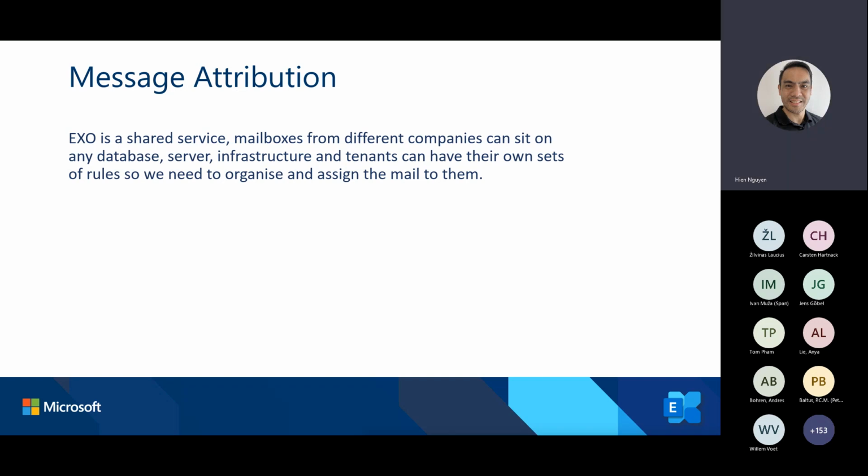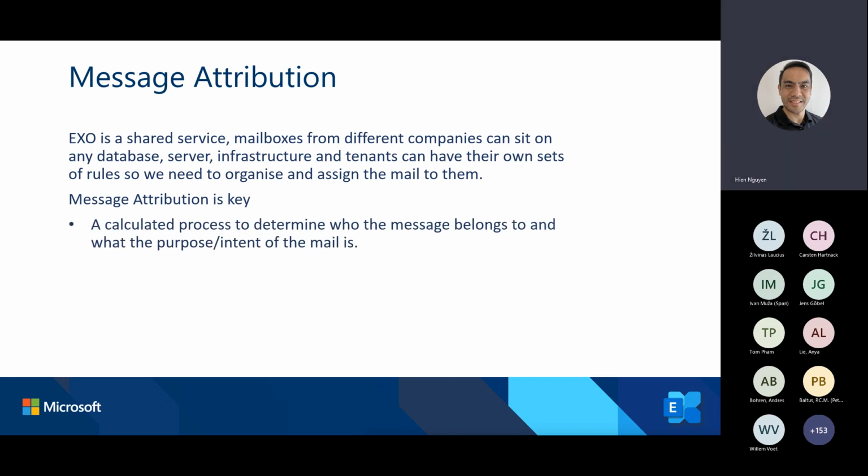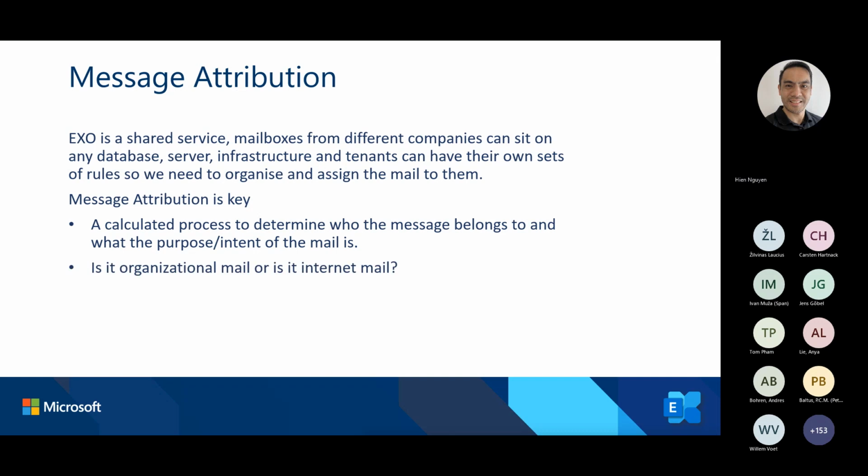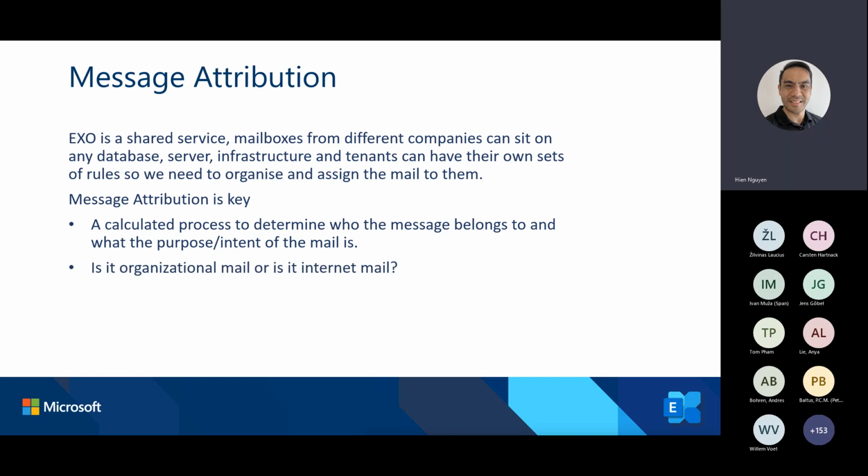And obviously every tenant has their own sets of rules, like exchange transport rules, right? So we need to organize and assign the mail to a specific tenant. So we call it message attribution. So it's a calculated process to determine who the message actually belongs to and what the purpose of the mail is. The purpose/intent of the mail is whether or not it's organizational mail, so internal mail, versus internet mail.